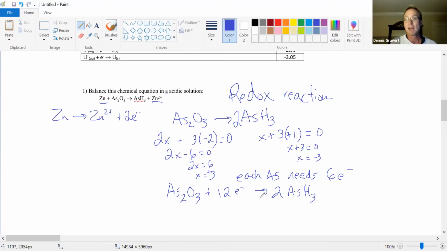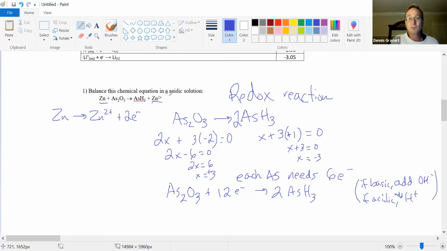Okay, it's not balanced. So we need to know what the pH is. If it's basic, you get to add hydroxide ions, right? A basic solution means there's an excess of hydroxide ions, so use them in your redox reaction. If it's acidic, well, then you have to add H pluses.